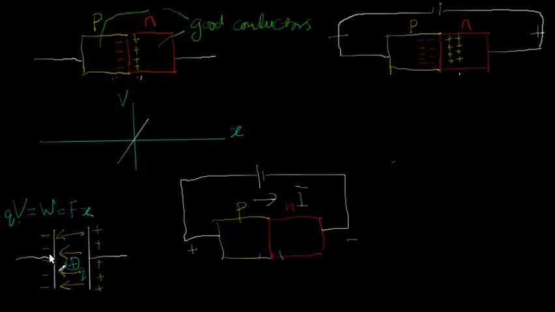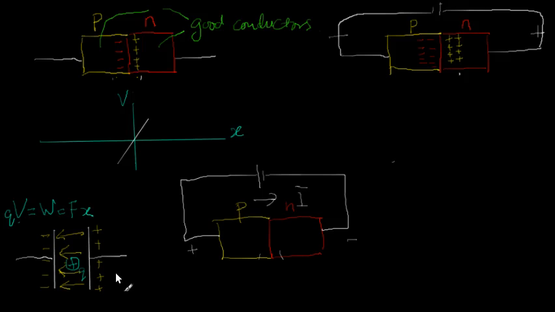Assuming that these two plates are quite wide compared to the movement here, because when the positive charge is here, the force it would experience from the negative and the positive charges in the two plates would cancel.